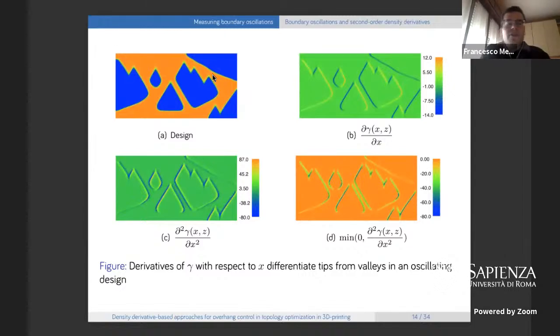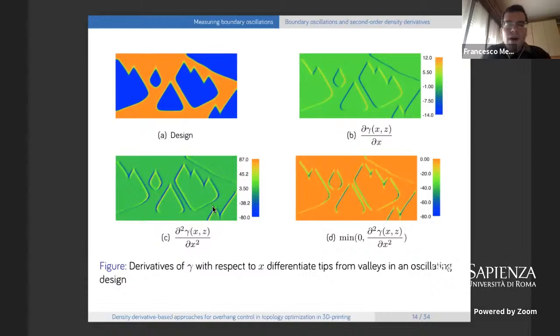In the top left, we have an oscillating design. On the top part of the figure, instead, we have a representation of the first order derivatives of the density function. And you can indeed see that the first order derivatives change sign at tips and valleys of oscillating boundaries.